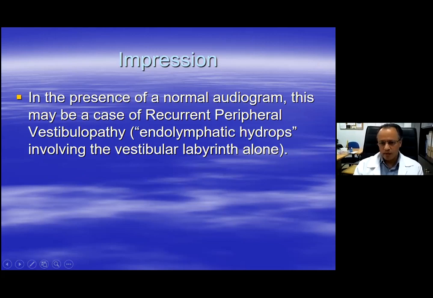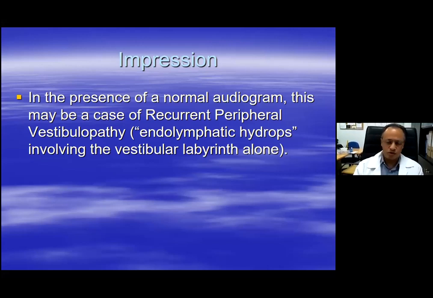This is what is described frequently in the literature, if you agree with me, as atypical Meniere's disease, if this is what they refer to: a patient has symptoms that sound like Meniere's disease, but the pure tone audiometry is normal.